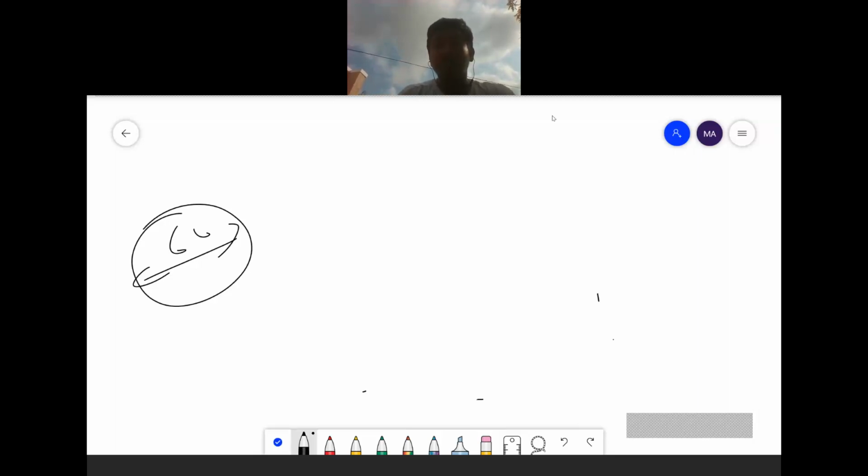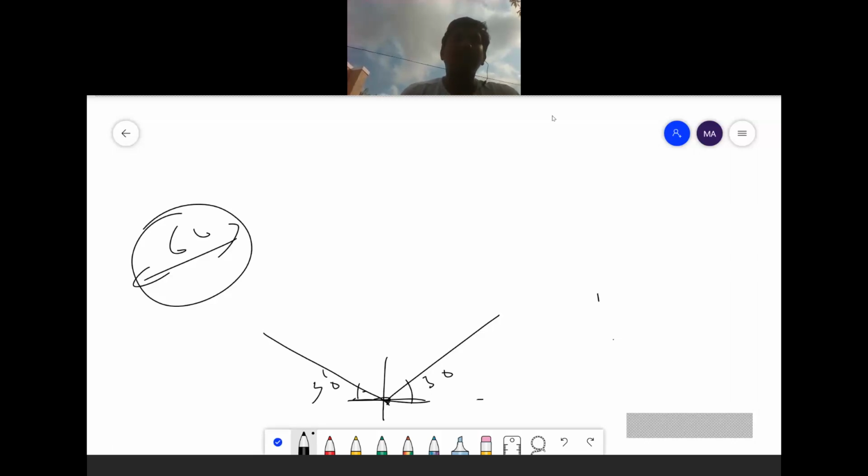For this, you draw a 30 degrees inclination. Then you take this as a center and this as a radius, and cut 60 here. Whenever you are drawing a circle, you have to consider the given diameter. With this diameter 60, I am cutting an arc.